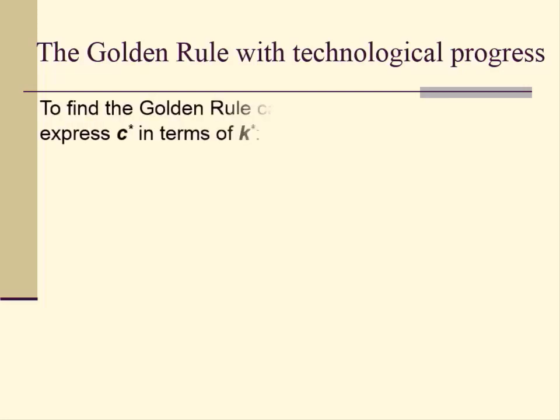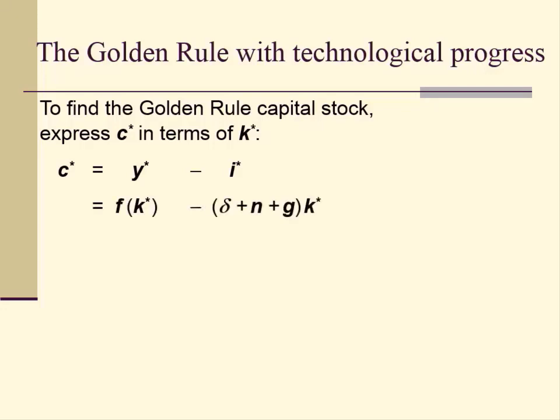To find the golden rule capital stock, you want to express c star in terms of k star. c star equals y star minus i star, and investment in the steady state, i star, equals break-even investment. Therefore, you can replace i star with (delta plus n plus g) times k star, and you can replace y star with f of k star. So now c star equals f of k star minus (delta plus n plus g) times k star.